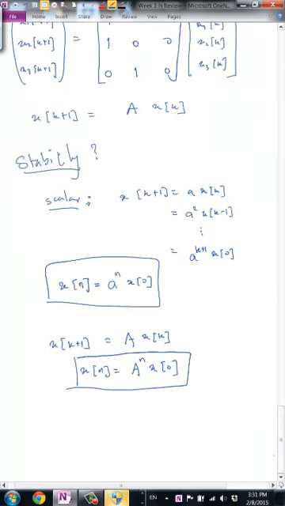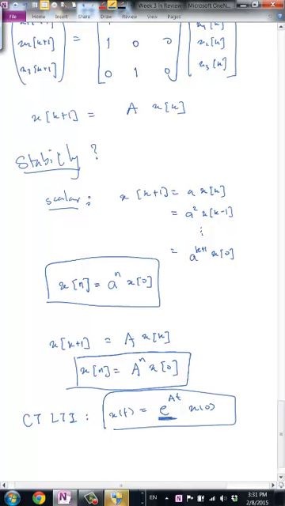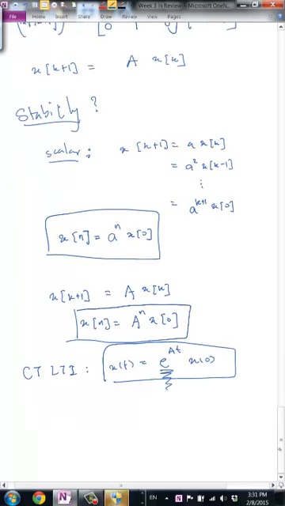Our challenge, just like with continuous time linear time invariant systems, where x of t is equal to e to the At times x of 0, was to understand what e to the At is and what its stability properties are. For that we used the matrix exponential. I'm not going to review that in this little review.